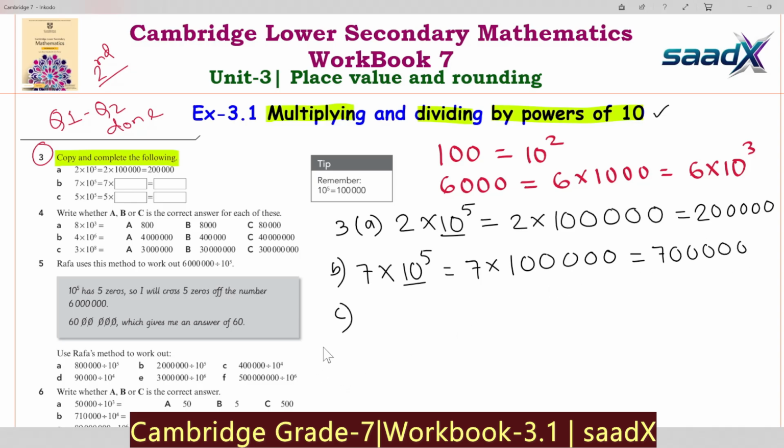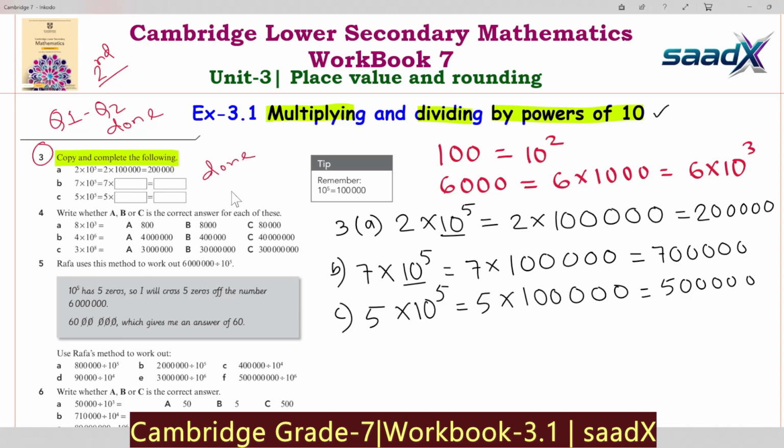Number c of 3: 5 times again 10 to the power 5. Same thing, 5 times 1 and 5 zeros, and finally we can write 5 and then 5 zeros. Number 3 done.